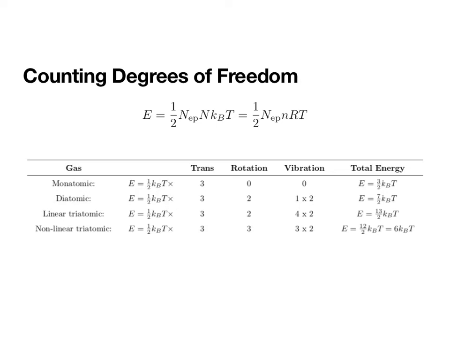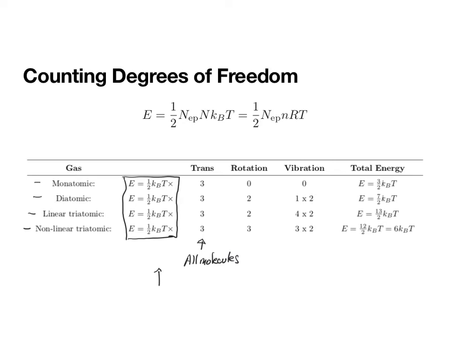Okay, so this f in equipartition is really a count of the degrees of freedom. And so to do that, we have to know the shape of our molecule. And each degree of freedom is going to donate 1/2 kBT to the overall energy. All molecules donate 3 degrees of freedom for translational motion.